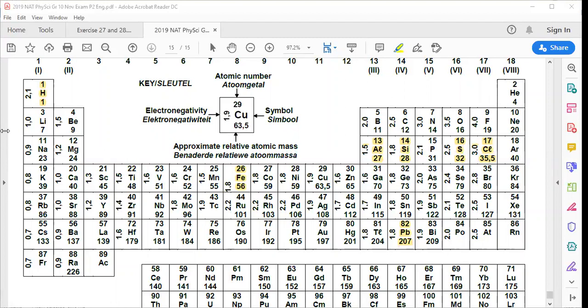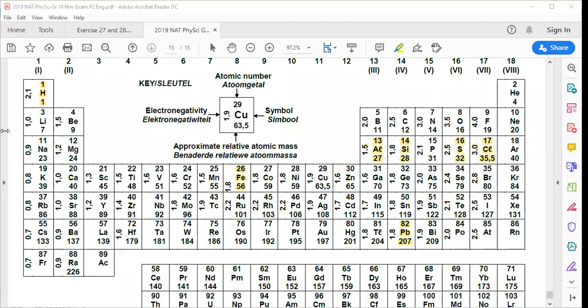It is the simplest whole number ratio of atoms present in a compound. Clear? Right, that's empirical formula.